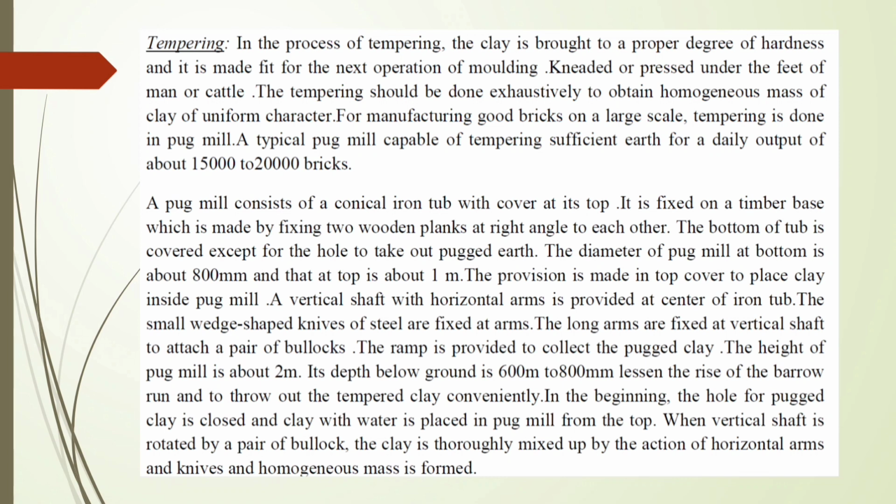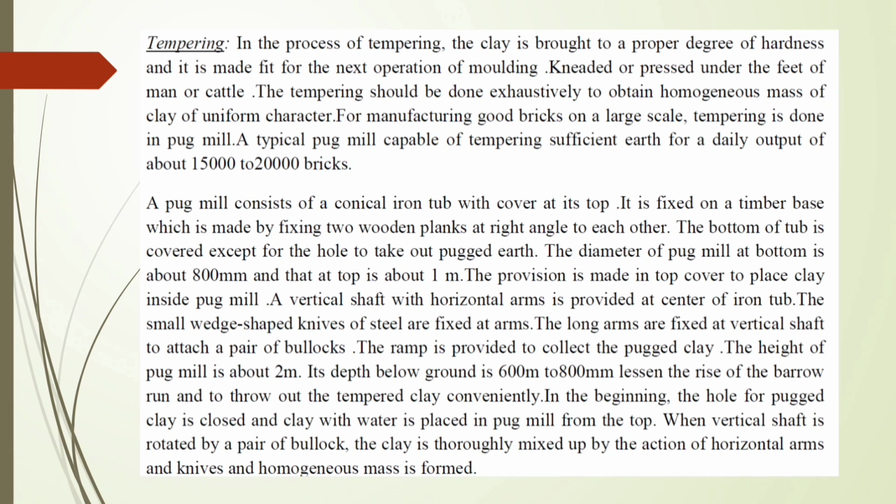A pug mill consists of a conical iron tube with a cover at its top. It is fixed on a timber base which is made by fixing two wooden planks at right angles to each other. The bottom of the tube is covered except for the hole to take out pugged earth.